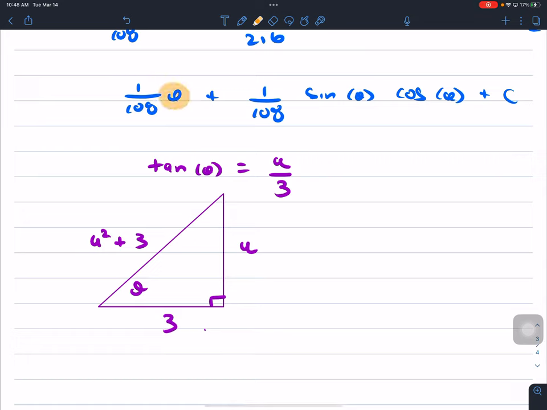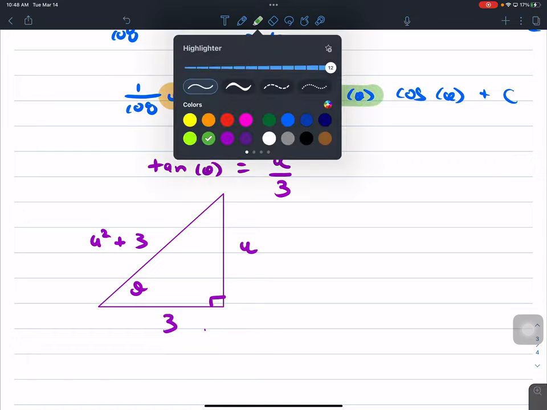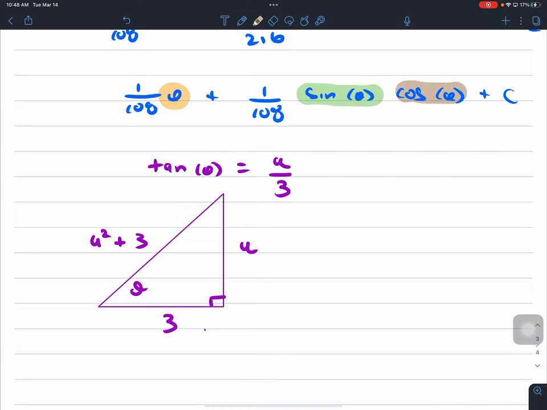We need theta, sine theta, and cosine theta. So if tangent theta is u over 3, doesn't that mean theta is the inverse tangent of u over 3 here? So that's going to be replaced here. Inverse tangent of u over 3.